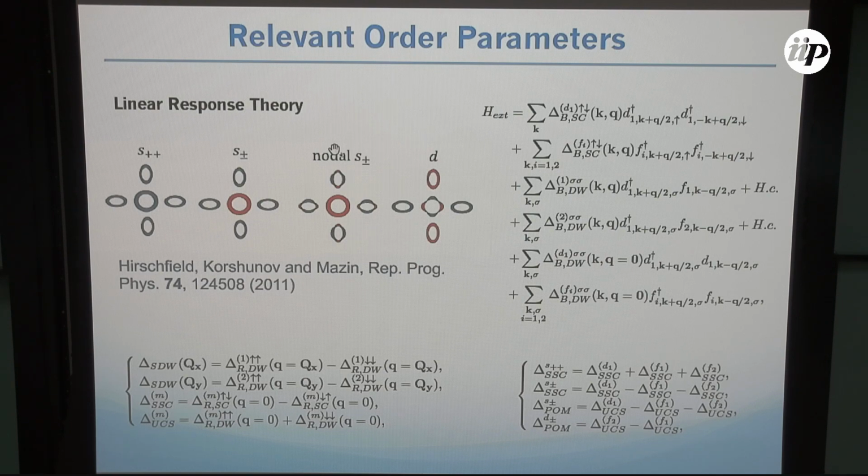We can also symmetrize and anti-symmetrize these objects to obtain a superconducting order parameter with S++ symmetry, with S+-, also the Pomeranchuk instability, and so on and so forth. So what we are going to do right now is to derive flow equations for all these quantities in order to see what is the relevant one in the model.